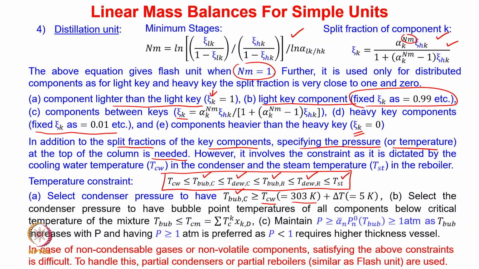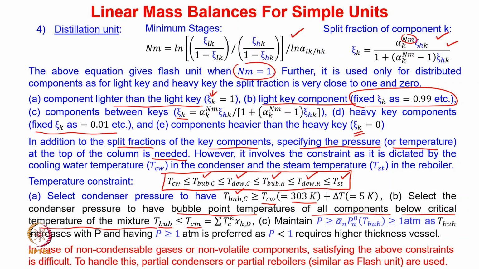Okay, again we have to select the bubble point temperature of all the components below the critical temperature of the mixture. So in this case, the bubble point temperature for all the components should be less than or equal to the critical temperature of the mixture.